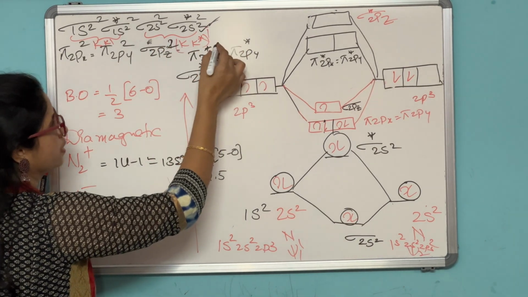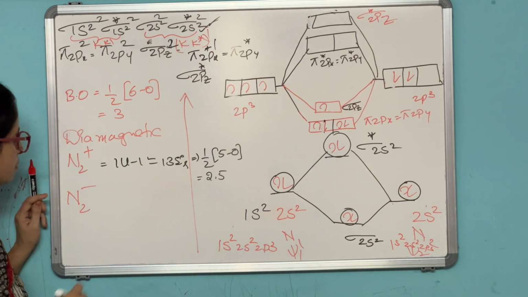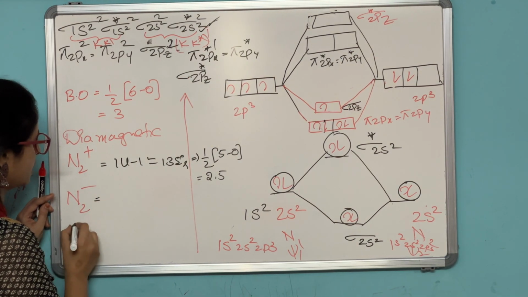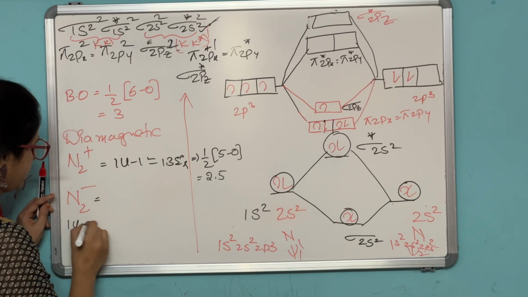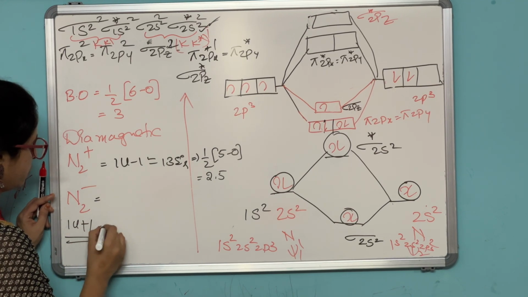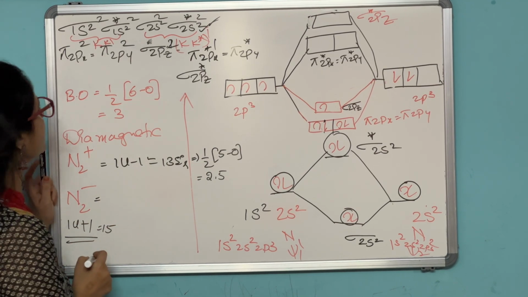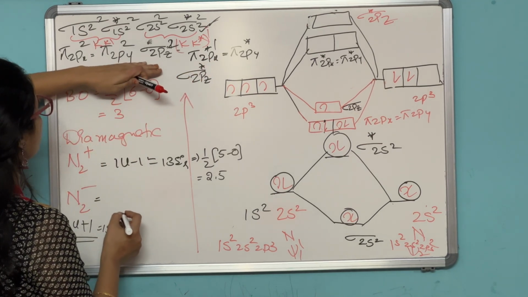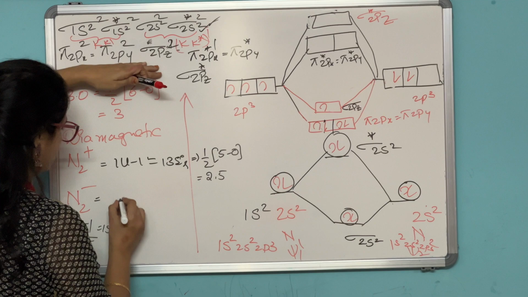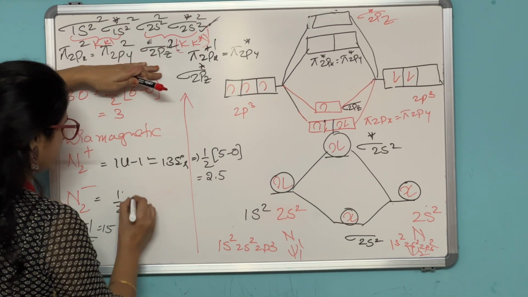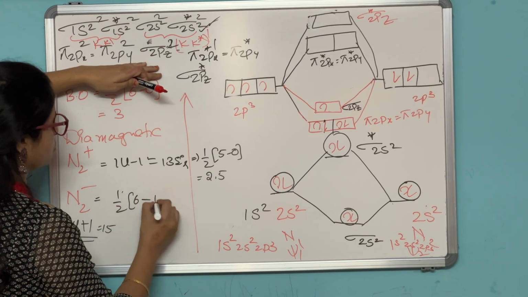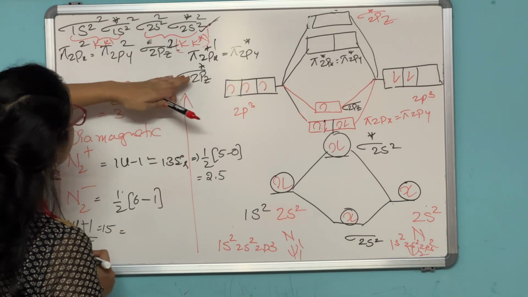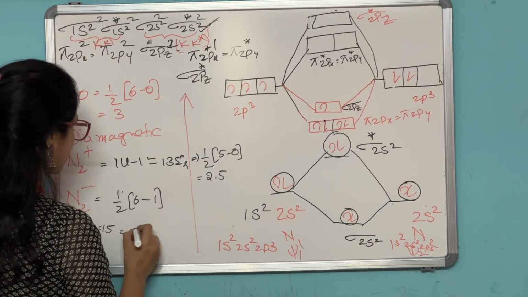This is the electronic configuration for N2 minus. 14 plus 1 means 15 electrons, so 1 electron in the anti-bonding. So bond order is 1 by 2 times (6 minus 1), which is equal to 5 by 2, 2.5.